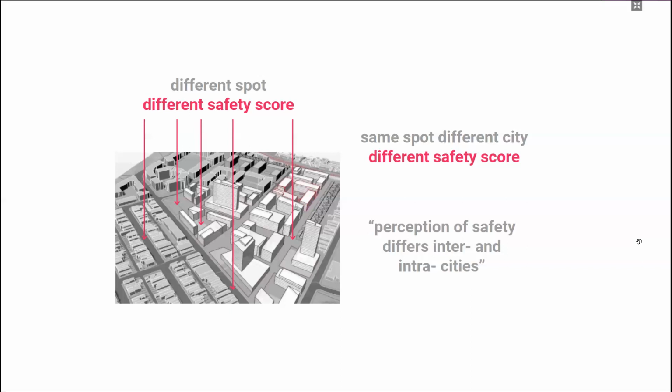So for example, if you pick any random image of a city, the average beauty score of that image by people of New York would be different. For people of London, the average beauty score would be different. For people of, let's say, New Delhi in India, the average beauty score would be different. And for people of Rio de Janeiro, it would be different compared to other cities in Brazil itself.